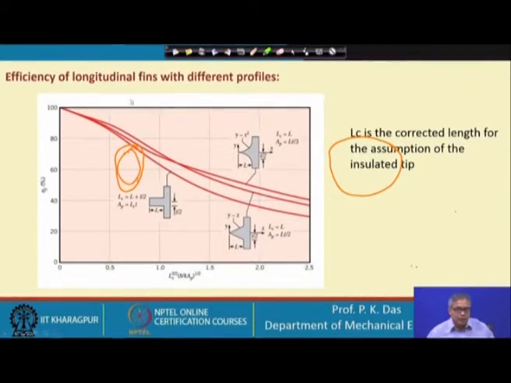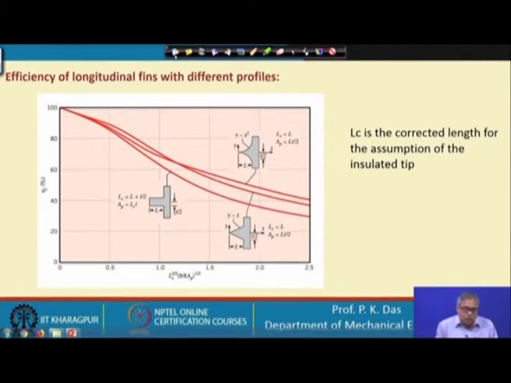So, here I have shown how the fin efficiency will vary with some sort of a geometrical and thermogeometrical parameter for different kinds of fins.